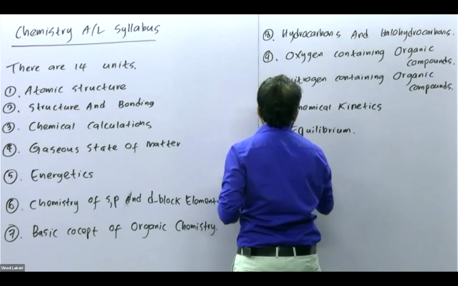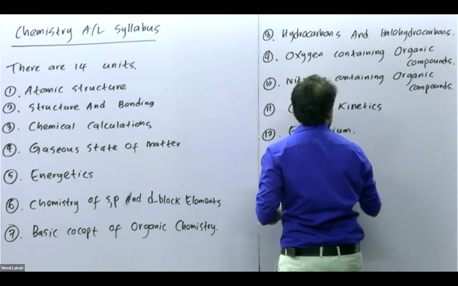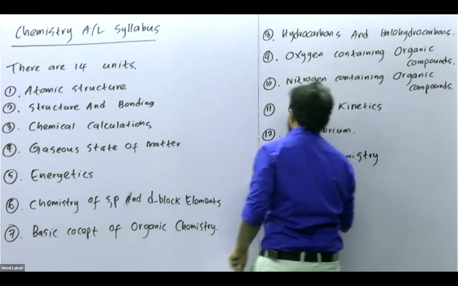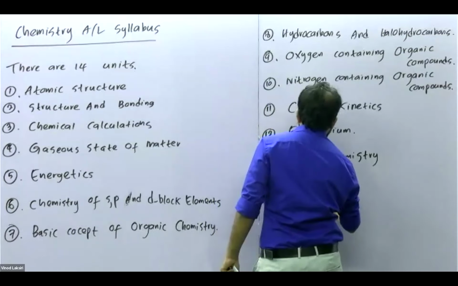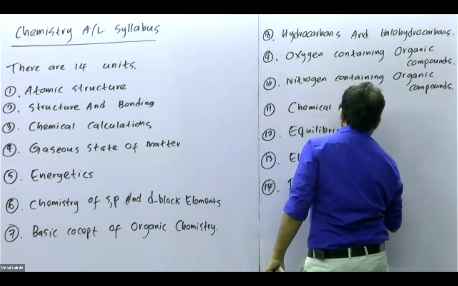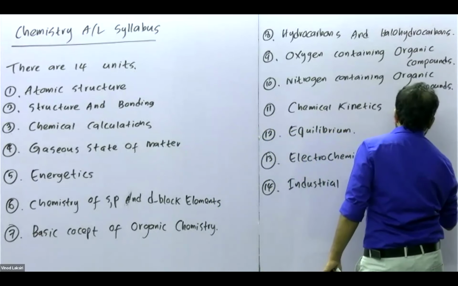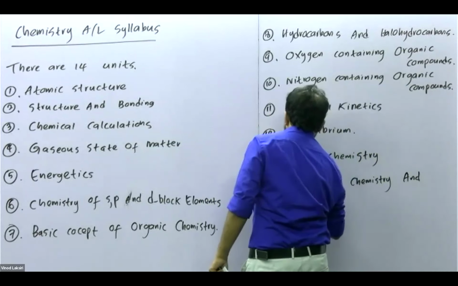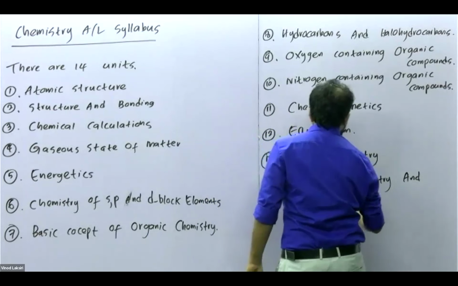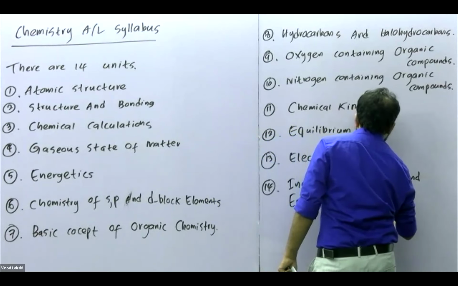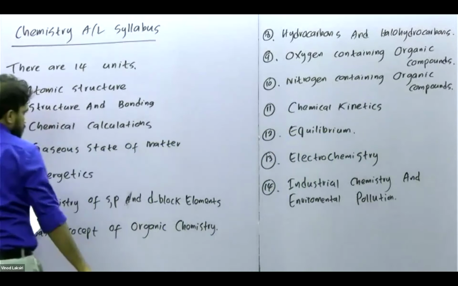Then 13, electrochemistry. 14, industrial chemistry and environmental pollution. Right, these are the 14 units, right?